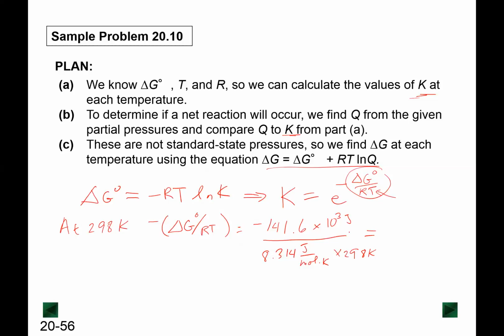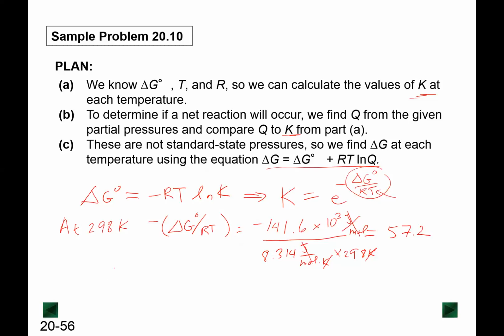If we carry out this calculation, our Kelvins and our joules per mole are going to cancel, and we're going to get the value of our exponent for our equilibrium constant. That would be 57.2.